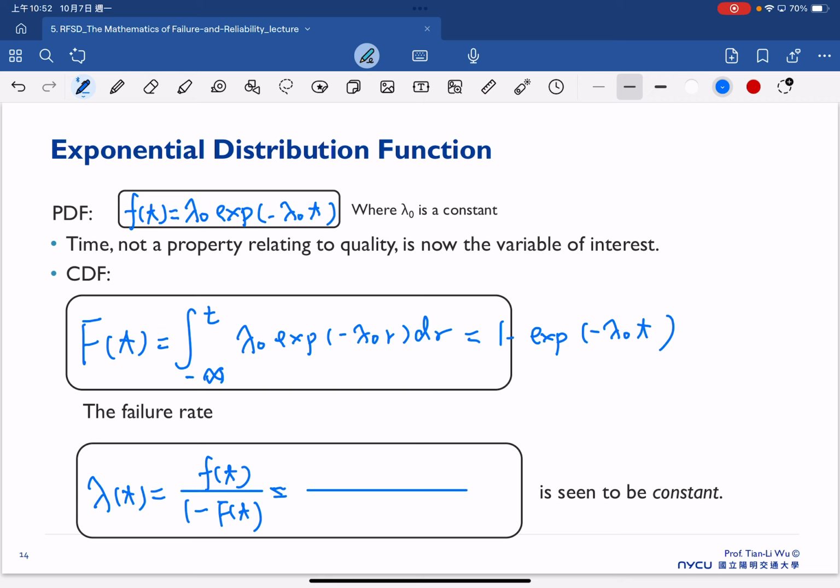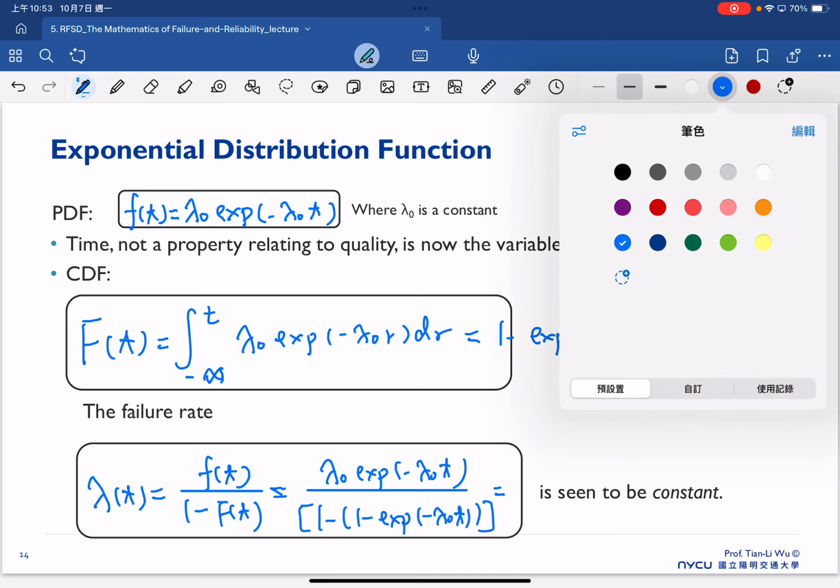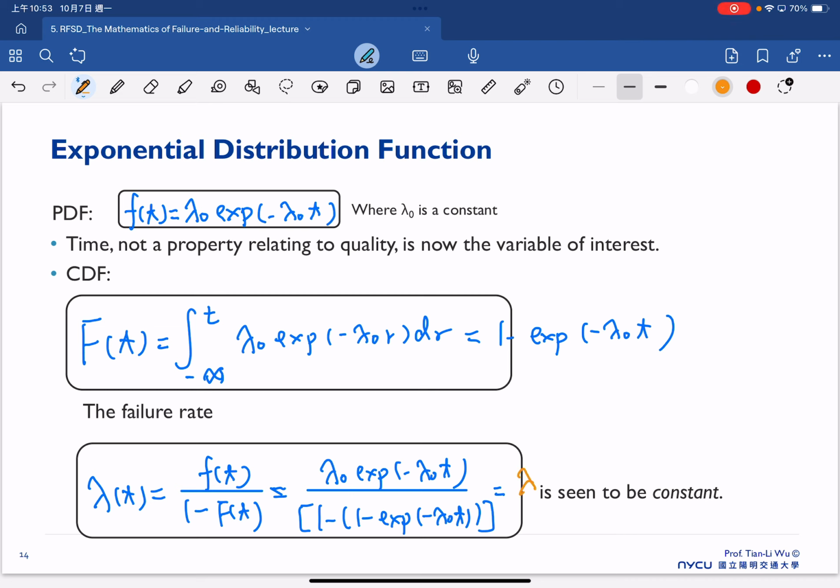The small f(t), lambda 0 exponential minus lambda 0 t, over 1 minus exponential minus lambda 0 t, result is just equal to lambda 0.